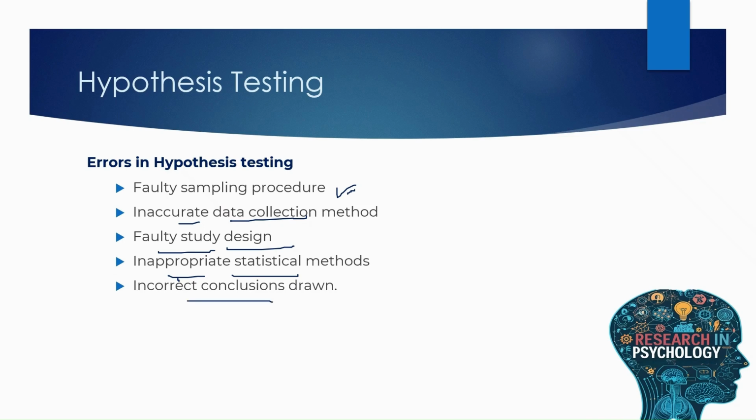Lastly, incorrect conclusions drawn. So if you are drawing wrong conclusions from your result, that could also result in error of hypothesis testing. Okay, the hypothesis might be giving you a correct result, but you are taking a wrong interpretation out of it or concluding it in a wrong way. Okay, so these are the different sources of errors in hypothesis testing: faulty sampling procedure, inaccurate data collection method, faulty study design, inappropriate statistical methods, and incorrect conclusions being drawn.